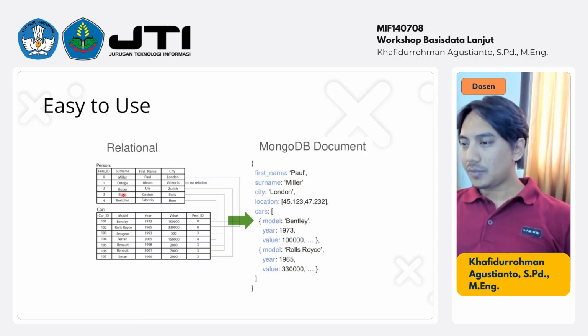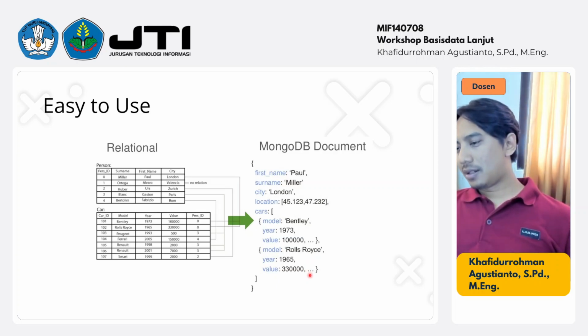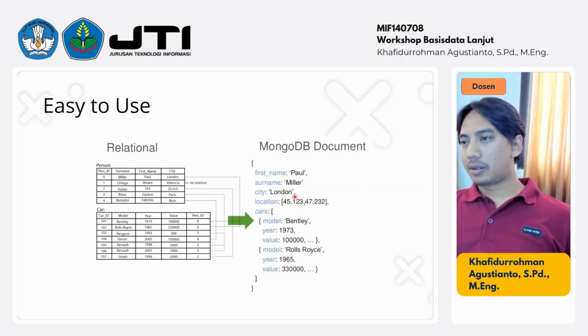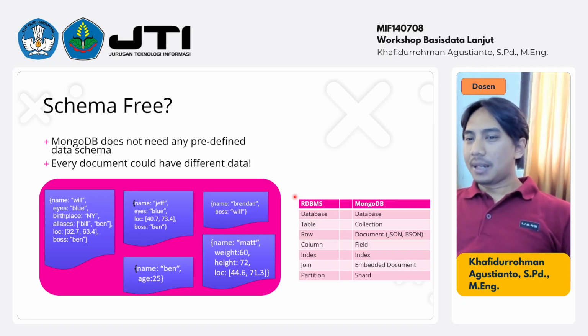For example, first name is Paul, surname Miller, city London, and location, etc. And then model Bentley, years, value; model Rolls Royce, years 1965, and value 3,000 and 300,000. Yeah, an example of this. So it is easier using MongoDB. Scheme free.